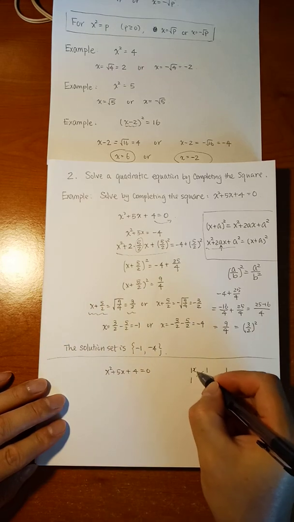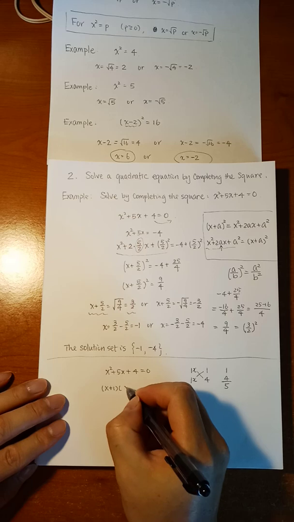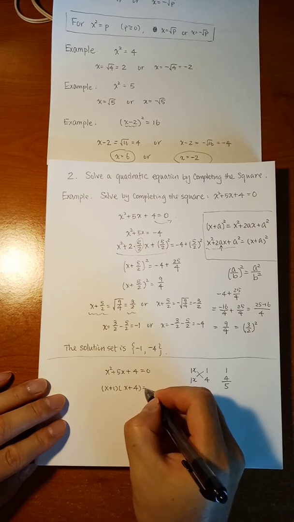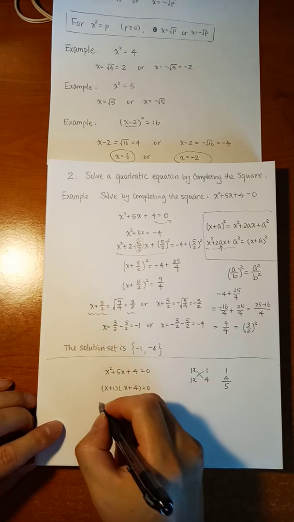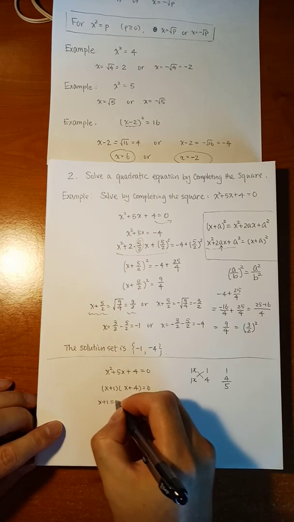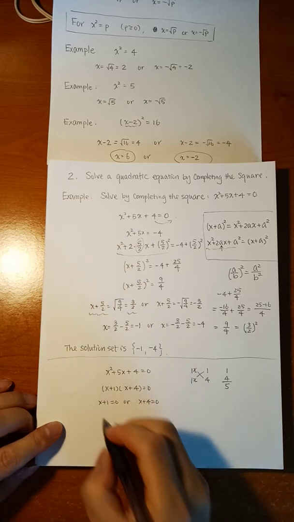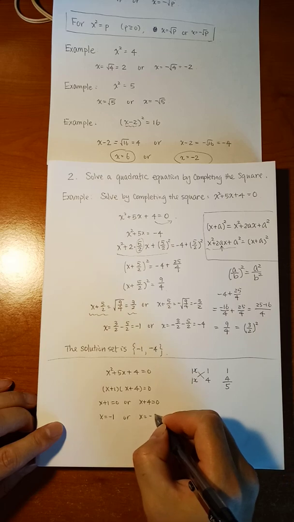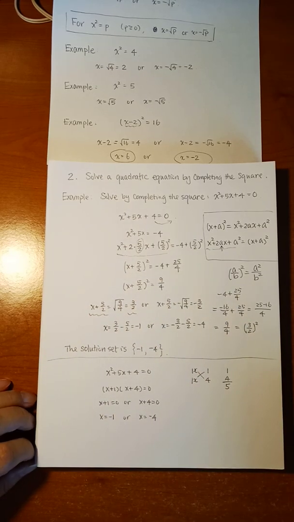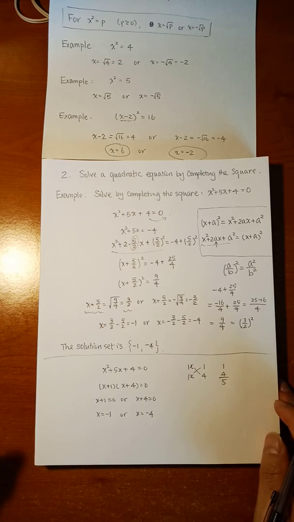So you put x here, x here, and you get x plus 1, x plus 4 equal to 0. Then by the zero product property, either x plus 1 is 0 or x plus 4 is 0. So x is equal to negative 1, x is equal to negative 4. See, the same answer. Different method, but you should have exactly the same solution.